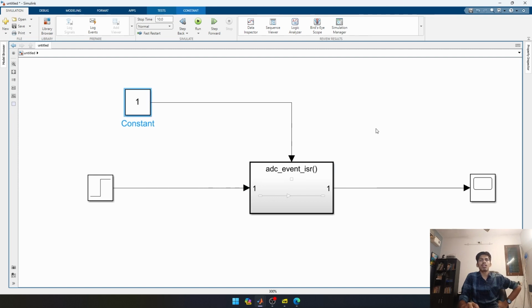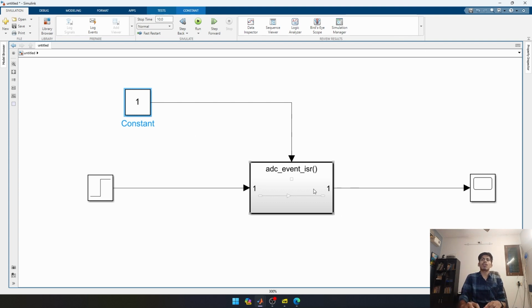It can be anything. For example, if you receive any data from the serial communication, you need to update the global variable. For example, in our system, we update the speed reference whenever the host or the user changes the speed reference. We will receive it through the serial communication. Once the serial communication is received, we will run a particular system which will update the global variables which contain the speed reference variable.